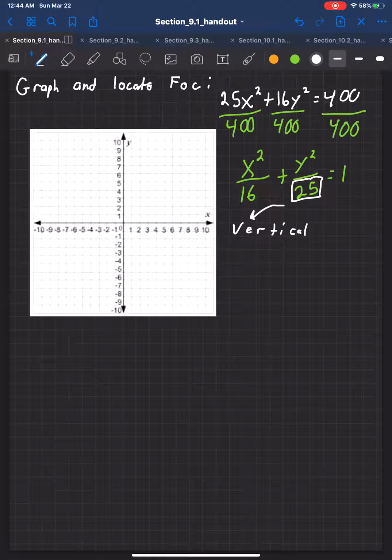Now I'm going to write the standard vertical ellipse. There's the standard formula where there's a squared and b squared. So that would be x squared over b squared plus y squared over a squared is equal to 1. Okay, so that's the standard formula for a vertical ellipse.